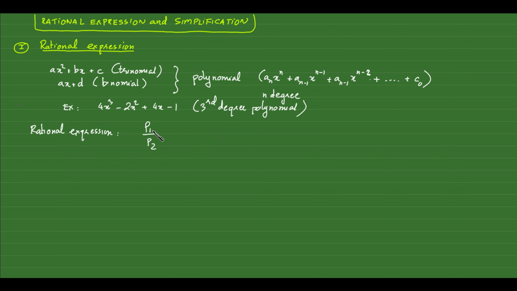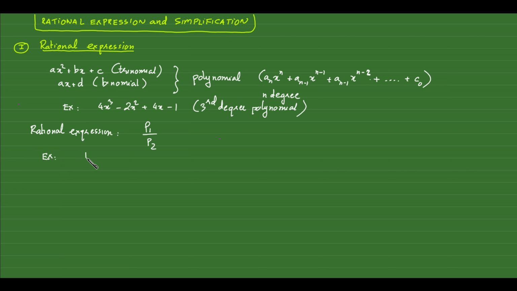P1 is a polynomial, and P2 is also a polynomial. It could be any degree. It could contain two variables if they want it. For example, I have a rational expression like this.